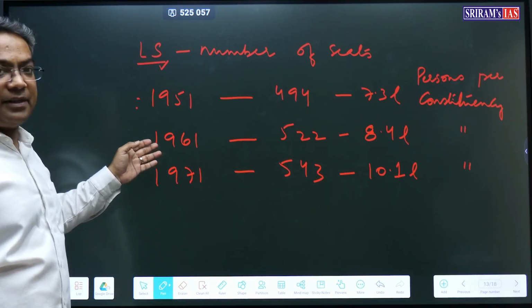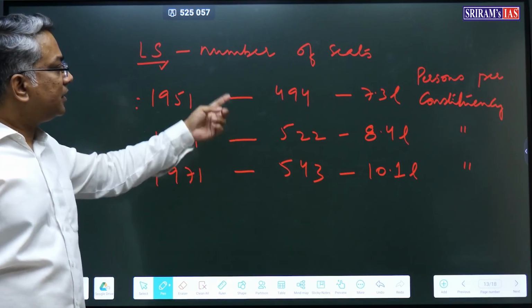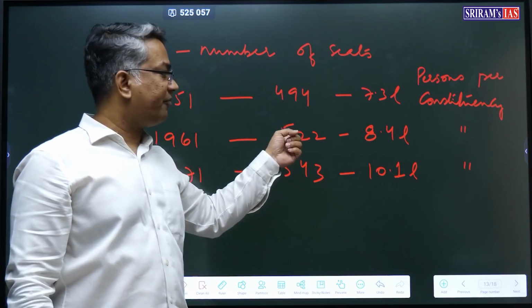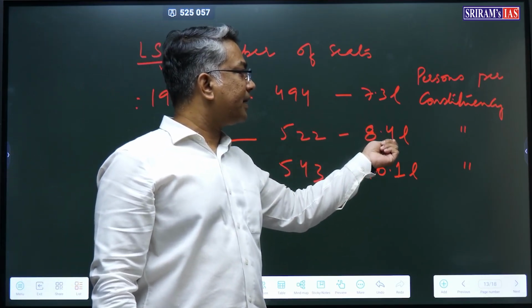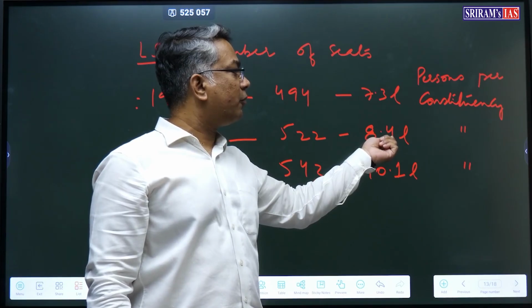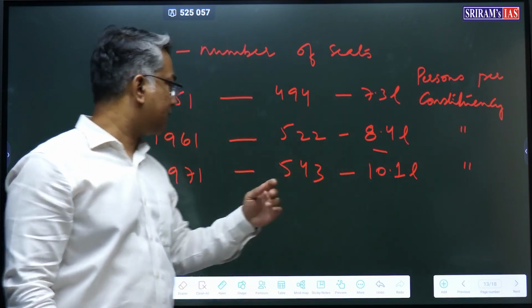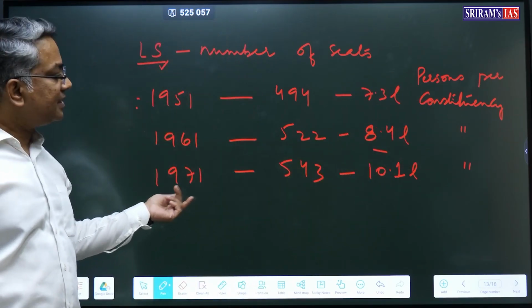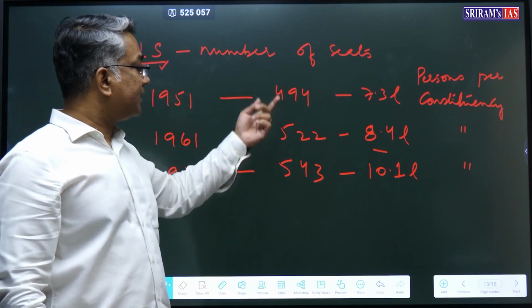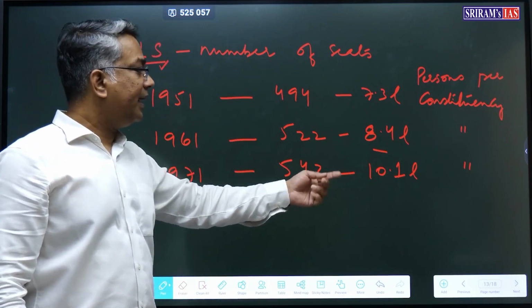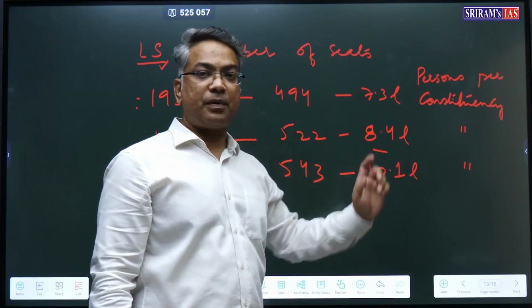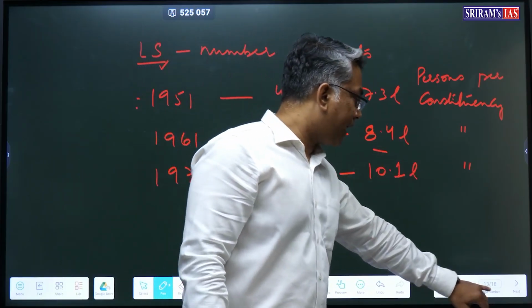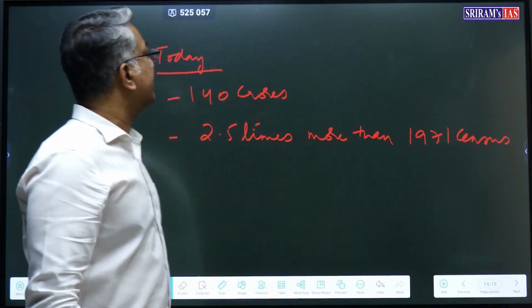In 1961, the number of seats in the Lok Sabha was fixed at 522, and each MP represented 8.4 lakh persons per constituency. In the 1971 census, the number of seats in the Lok Sabha was fixed at 543, and each MP represented 10.1 lakh persons per constituency. So as you can see, it is gradually increasing.